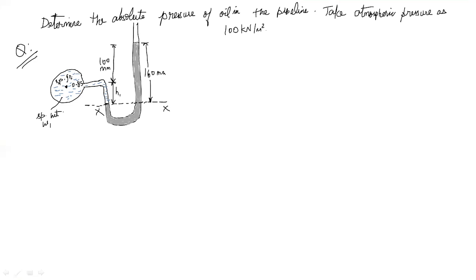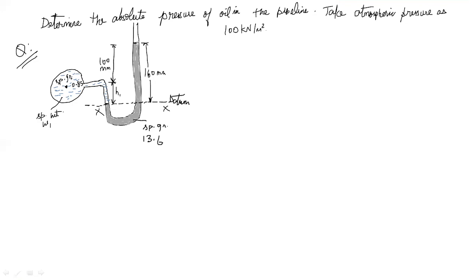The silver portion is the mercury and the blue portion is the oil or liquid of specific gravity 0.85. Mercury has a specific gravity of 13.6. Now, a very simple approach here is that first you have to identify your XX datum always in these types of questions.